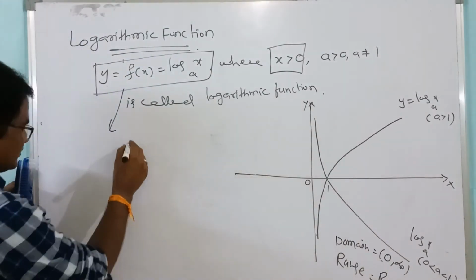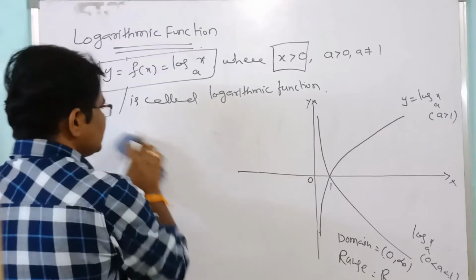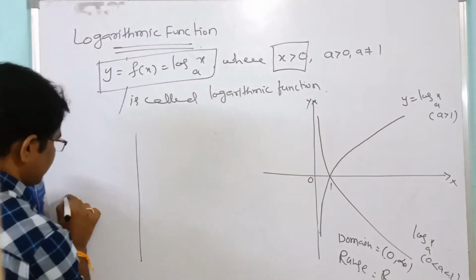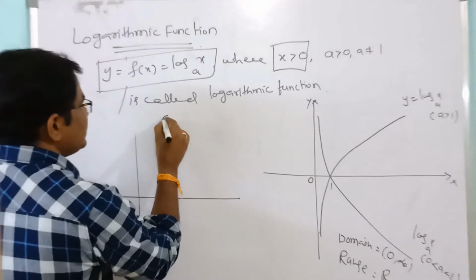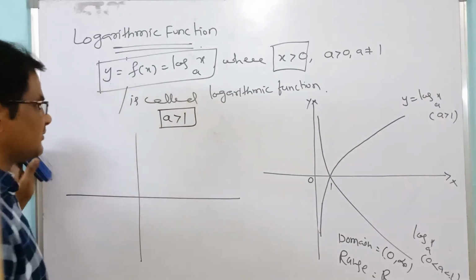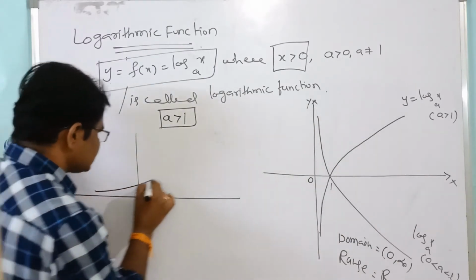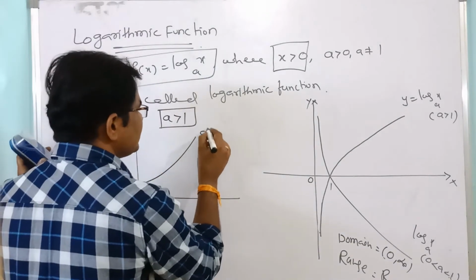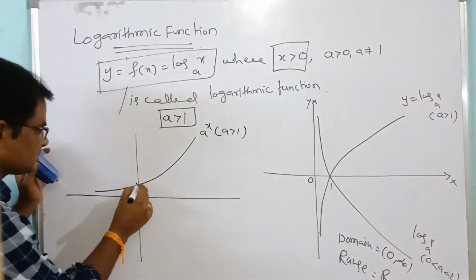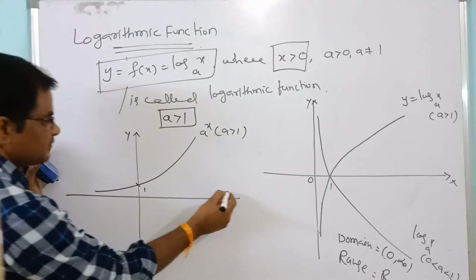See here what I am saying. Suppose a greater than 1, what is the exponential function? This is y equal to a power x whenever a greater than 1. It intersects the y axis at 1.